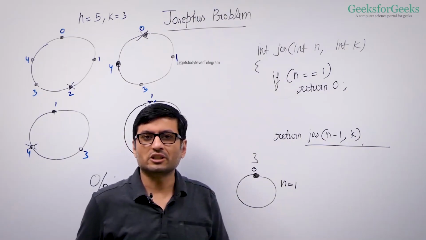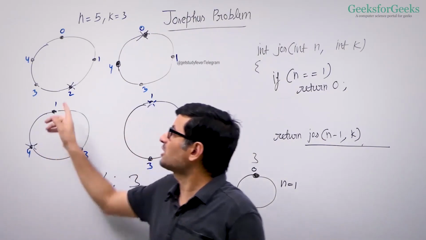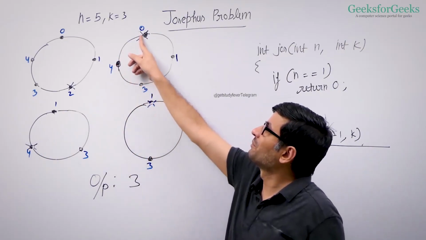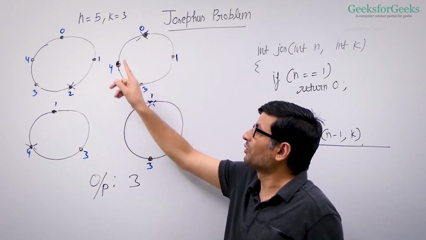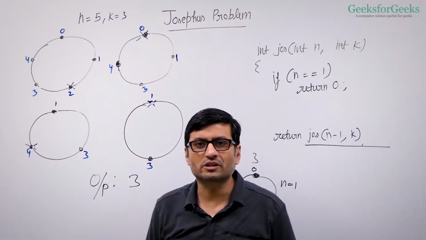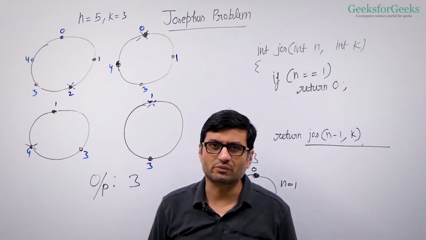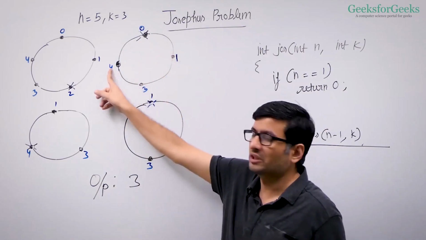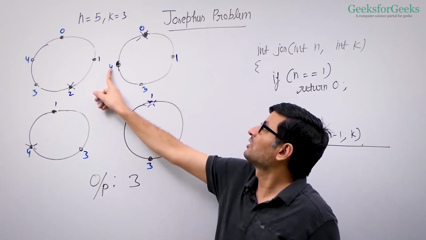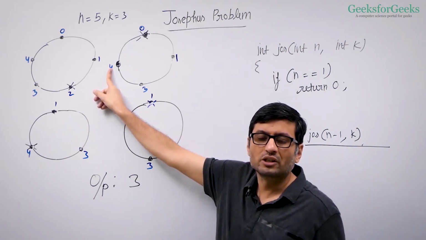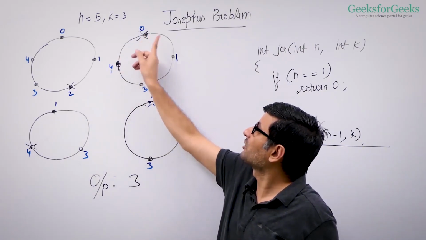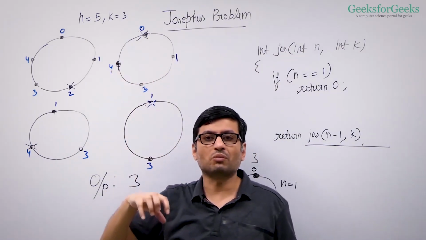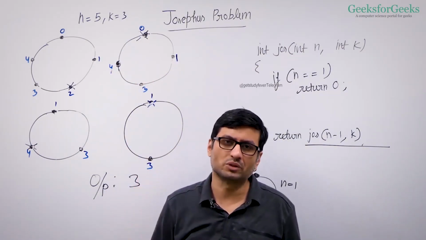The reason for this is, once you kill this person, when you are doing it manually, you consider the numbers as 0, 1, 3, 4. But in the recursive calls, it's going to be a fresh recursive call and it's going to consider the numbers as 0, 1, 2, 3, not 0, 1, 3, 4, right? So in the recursive call, the numbers are going to be 0, 1, 2, 3, and it's going to return the output with reference to these numbers.